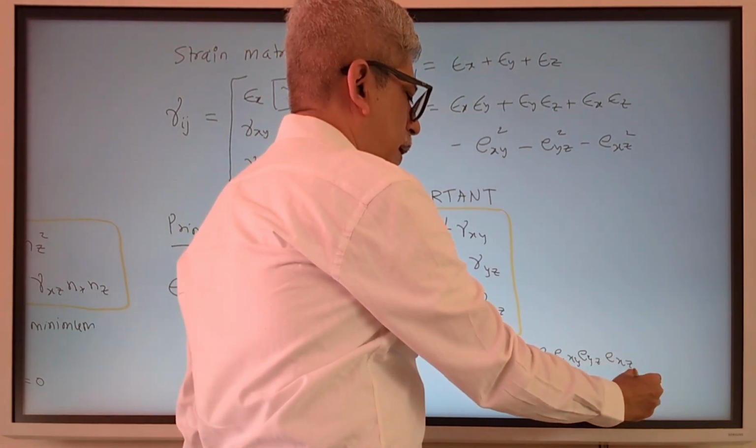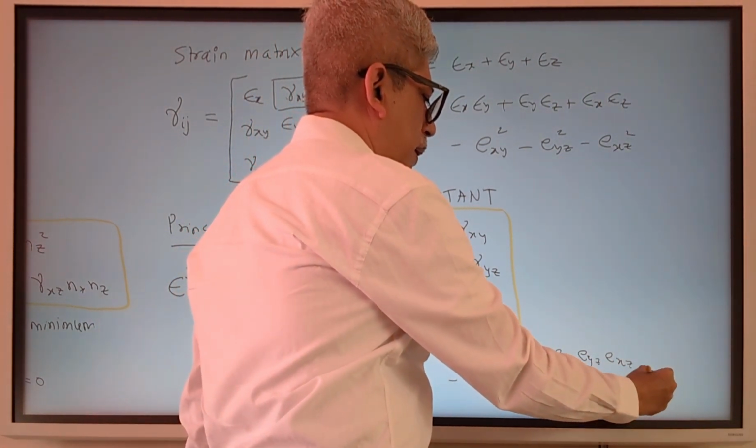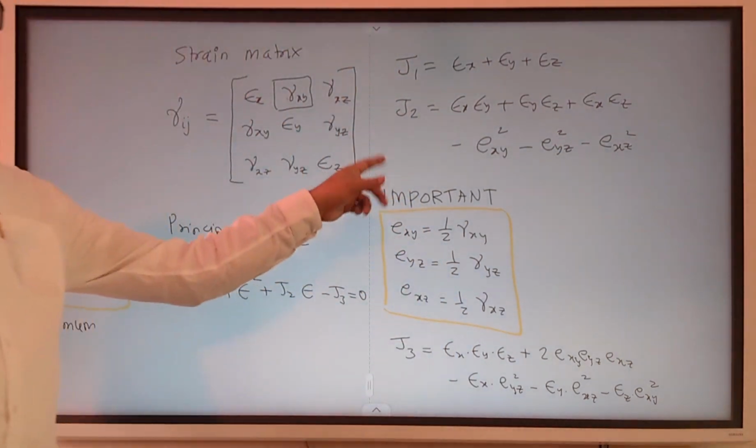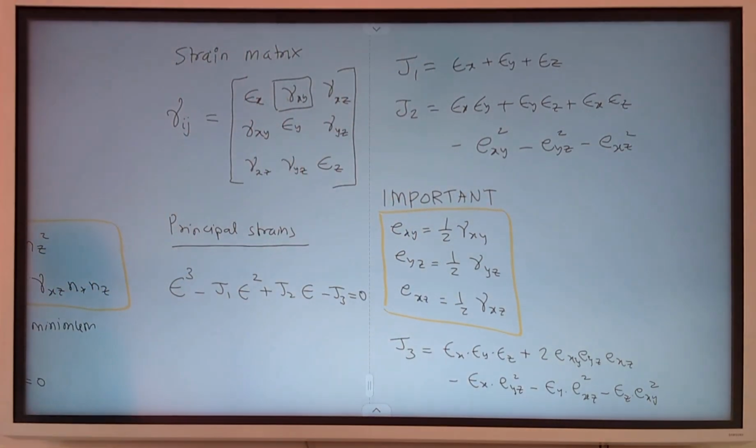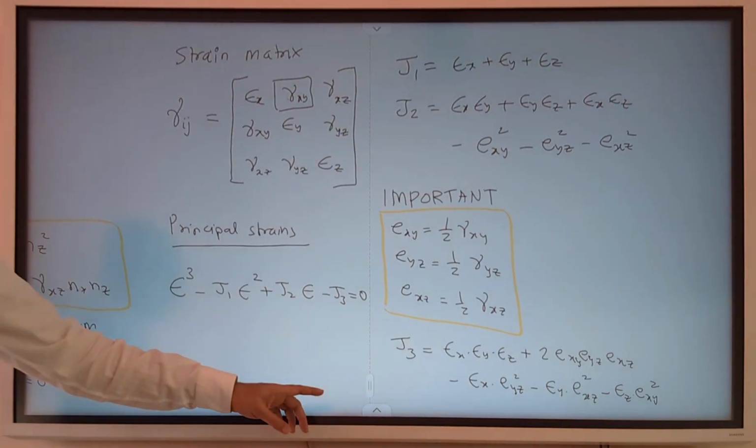Minus epsilon z into exy. So these are the J1, J2, J3. Very similar to that of the stress matrix, with an important difference: you have to halve the shear strain terms before calculating these particular numbers.